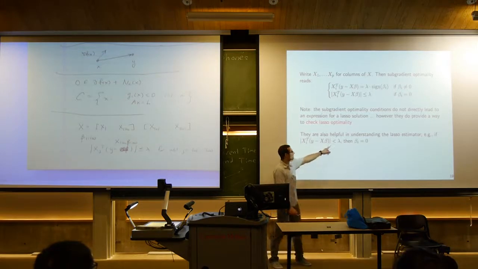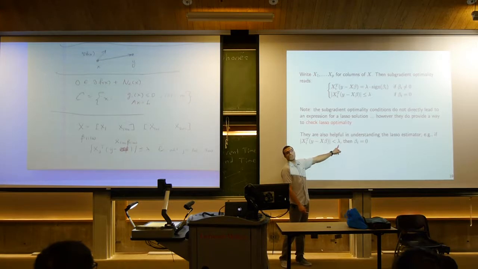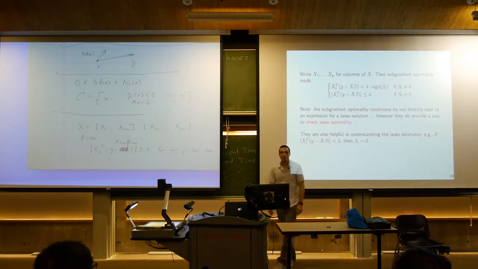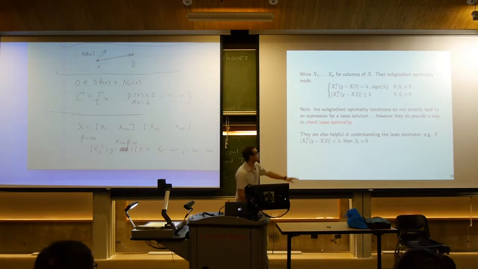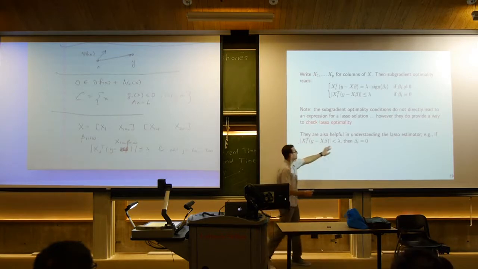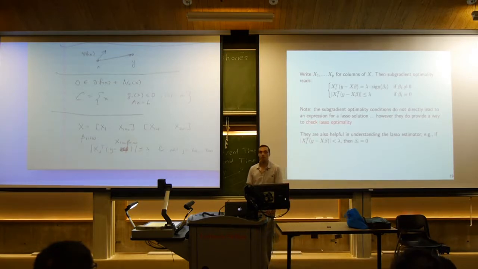If that happens to be less than lambda in one of the components, then you know that the corresponding component of beta must be 0. Because if that was true, then I must be in the second condition. I could not have gotten something less than lambda if beta i was non-zero. It would have been equal to plus lambda or minus lambda. So this statement implies that a coefficient will be set to 0 at the lasso solution.